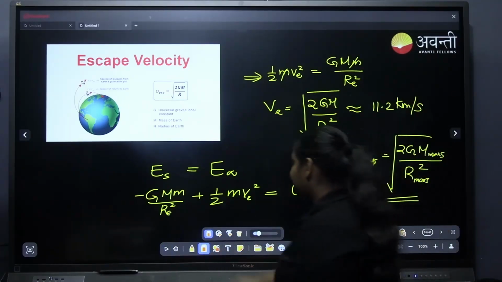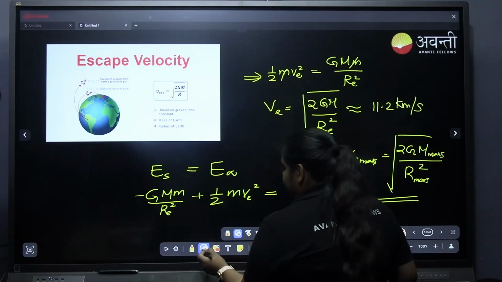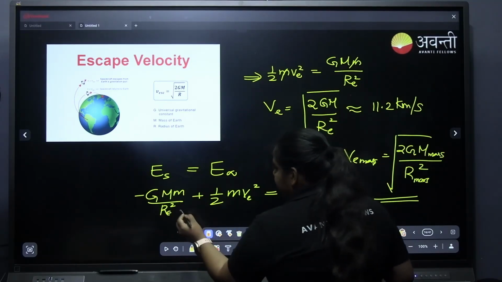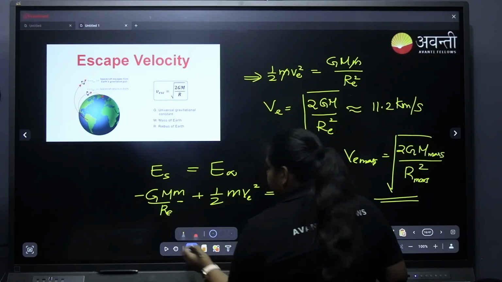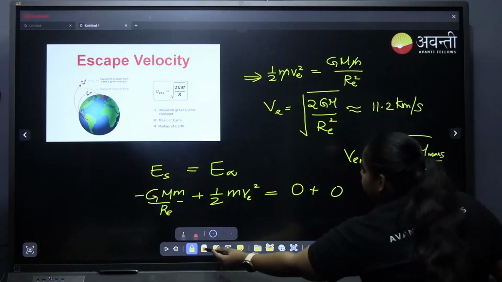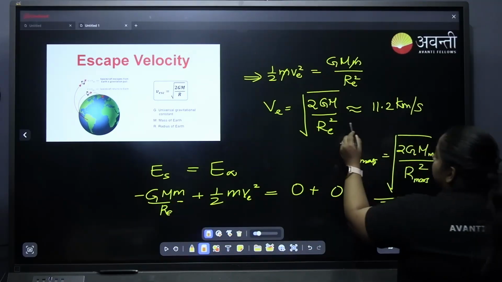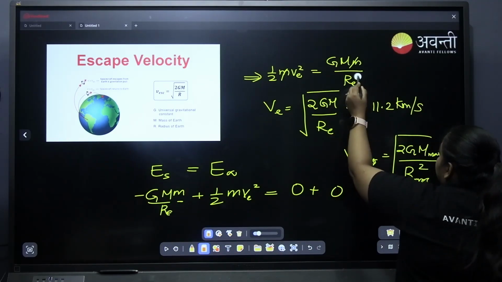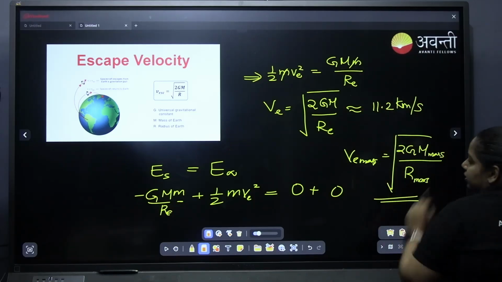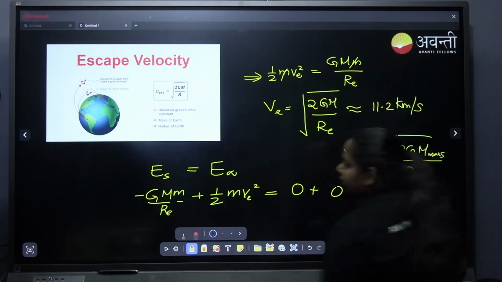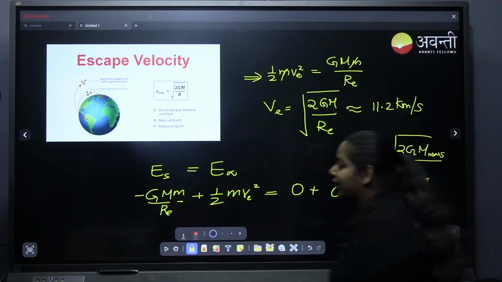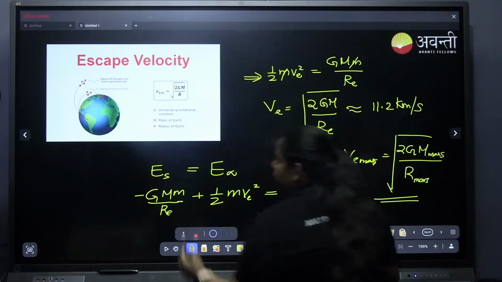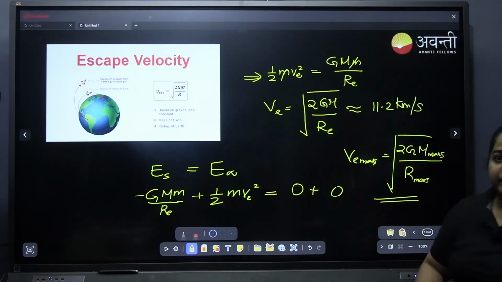Potential energy, right? Potential energy is just 1 by r, not square. Please note, there is no square here. Potential energy we are calculating, there is no square for r anywhere.